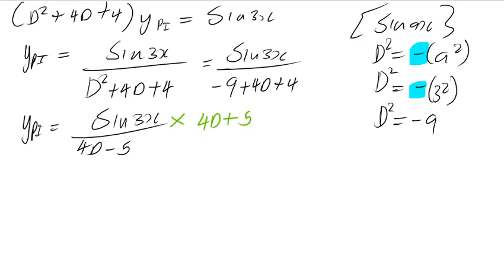You're going to take the sign between 4D and minus 5 and change it. So if you had a plus there, you're going to say a minus. You do the opposite: you put the opposite sign between D and the other number.